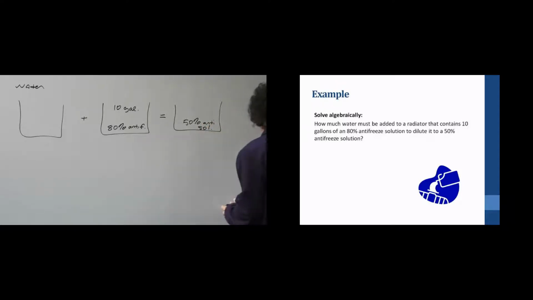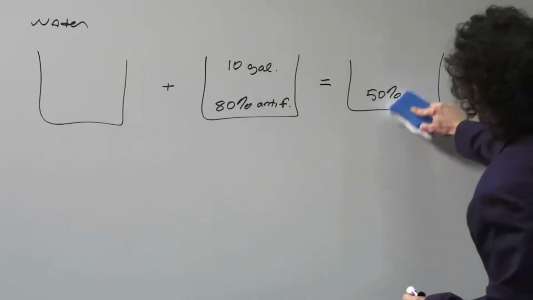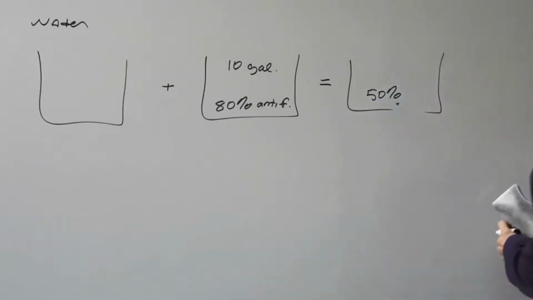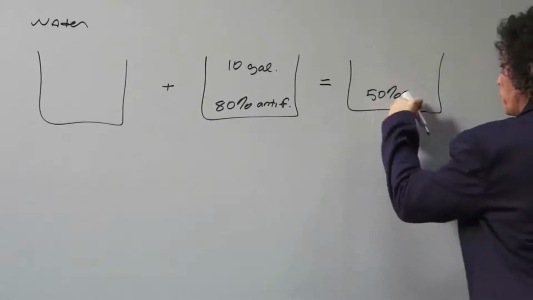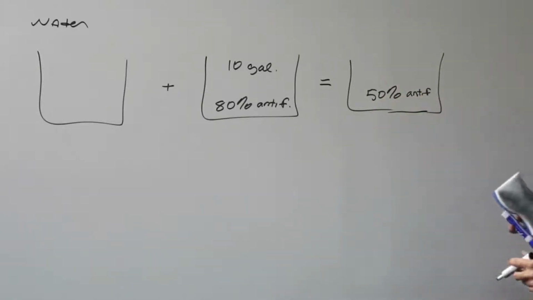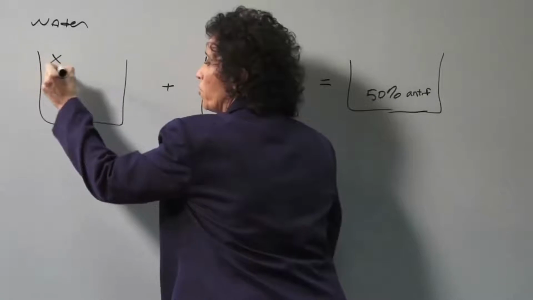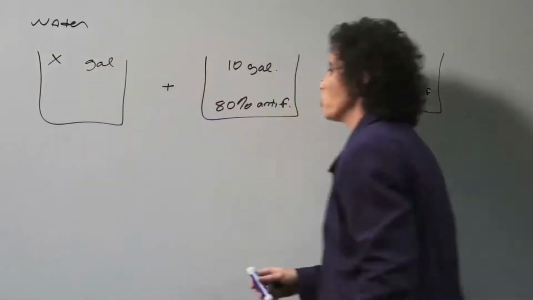Okay, here we go. Let me just write the same thing there, because that's important. I wrote anti-F here, I'm going to write anti-F here, which is antifreeze, right? And I'm going to tell you why I'm doing that. I'm making a big deal about that. Okay, and we want, does it say how much? It doesn't say how much. Okay, so how much water? I have no idea, that's why this is X. So X gallons, that's what I have there.